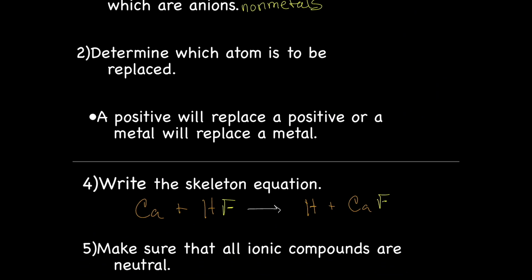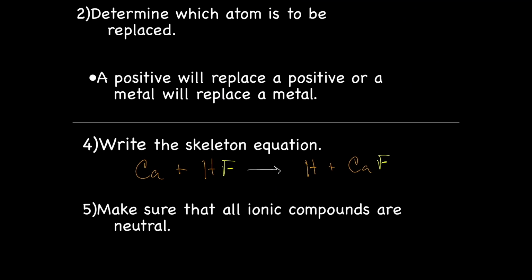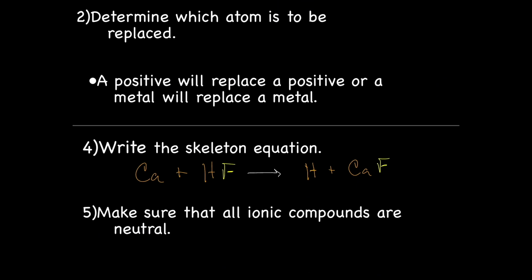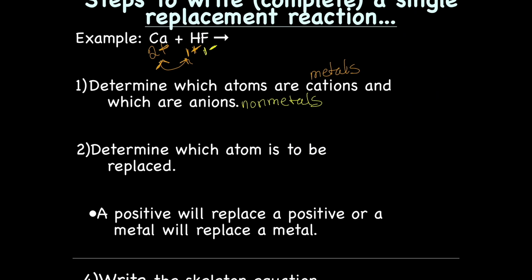That's good. All right, so next step is to make sure that all ionic compounds are neutral. So if you remember up above, let's scroll back up there. Our Ca was a 2+, our H was a 1+, and our F was a 1-.